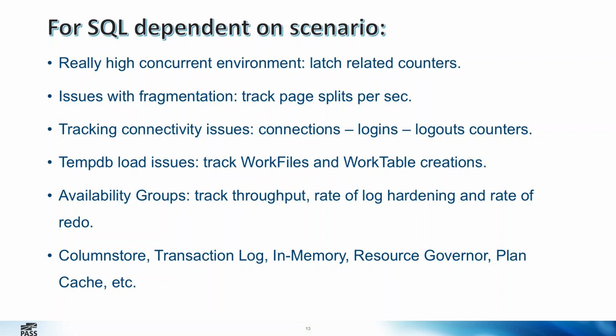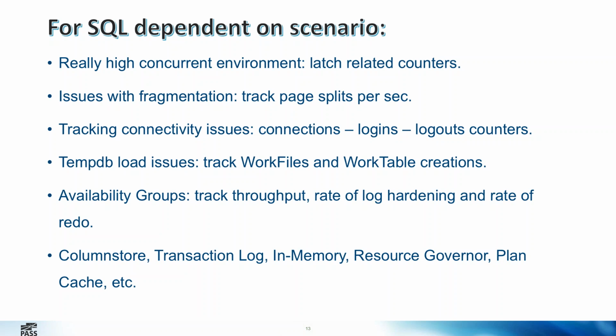And maybe you want to use something like in-memory to remove that latch wait. If you have issues with fragmentation, you could track page splits per second, and then you might discover that there's something happening at a given time of the day that is causing the most fragmentation. That'll help you drill down into what could be the root cause of the issue.